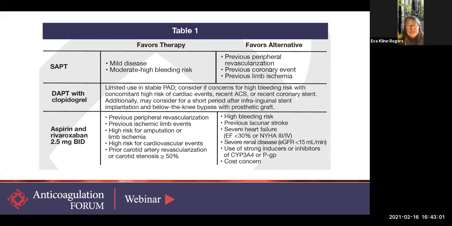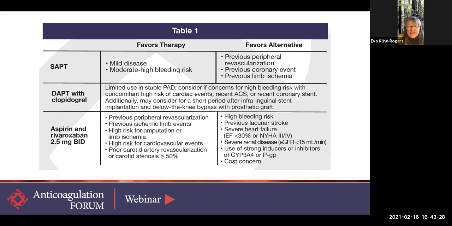Additionally, you may consider it for a short period after an infrainguinal stent implantation or below-the-knee bypass with a prosthetic graft. And then finally, when is aspirin and rivaroxaban 2.5 milligrams BID favored? These are folks who had previous peripheral revascularization, previous ischemic limb events, high risk for amputation or limb ischemia, high risk for coronary events, or a prior carotid artery revascularization or carotid stenosis of greater than 50%.